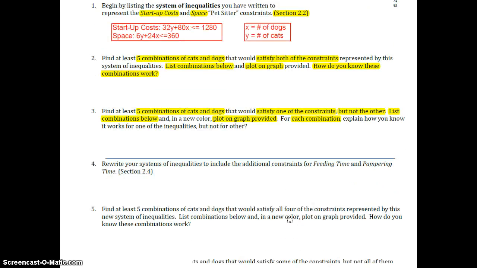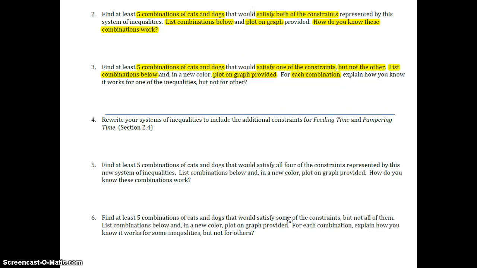The next thing we're going to do is rewrite your system of inequalities for feeding time and pampering time, which can be found in section 2.4. If you look back, you can see where all those come from.